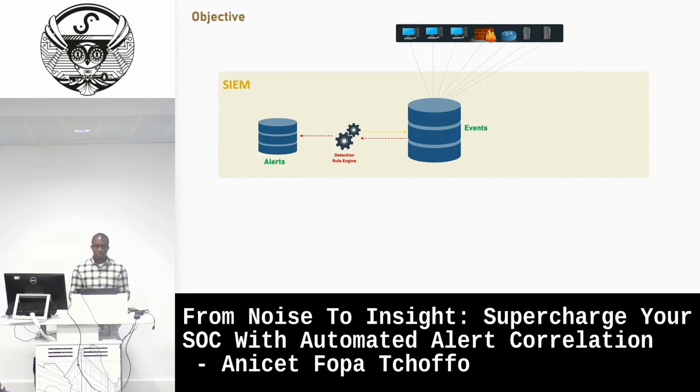So what are we aiming to achieve here? In a traditional SIEM setup, your endpoints and network devices send their logs to your SIEM, where the detection engine evaluates those logs and generates alerts as needed. At this point, an analyst has to review those alerts, correlate the data, and perform investigations.